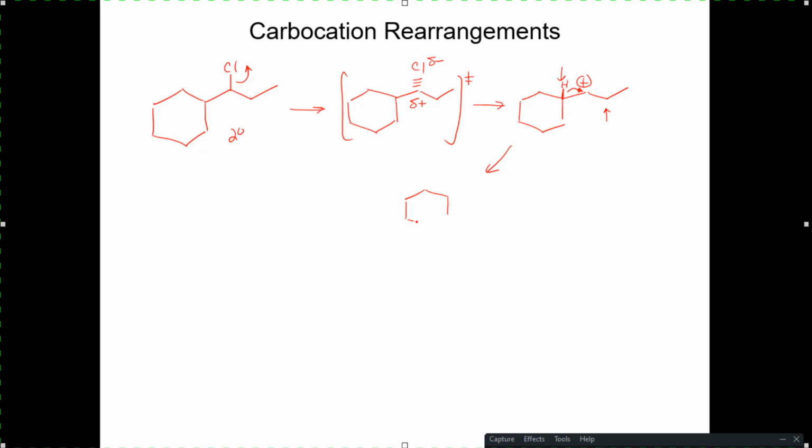And this is a transition state. Let's write the final product and then we'll write the transition state. So the final product, if this hydrogen slides over, is to put the hydrogen here. But then this carbon right here lost the hydrogen, and so now it becomes positive formal charge.